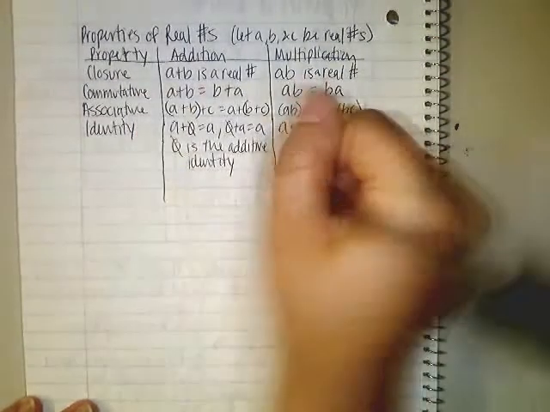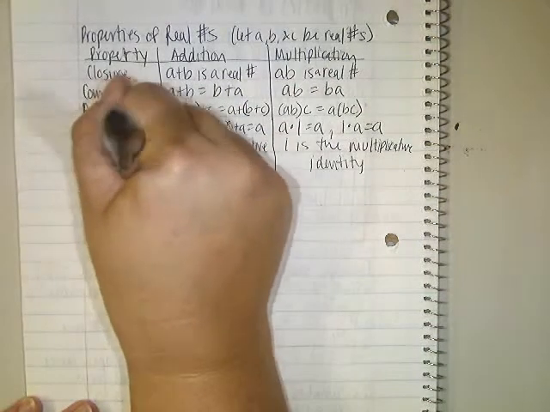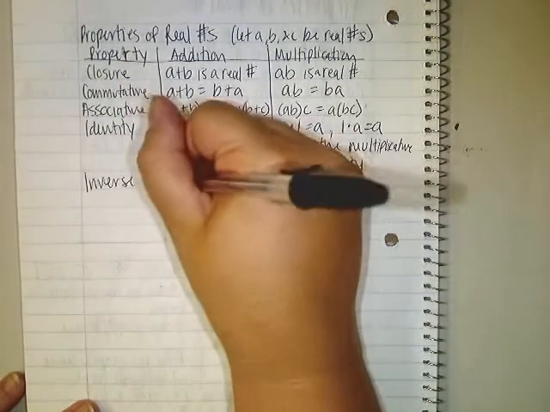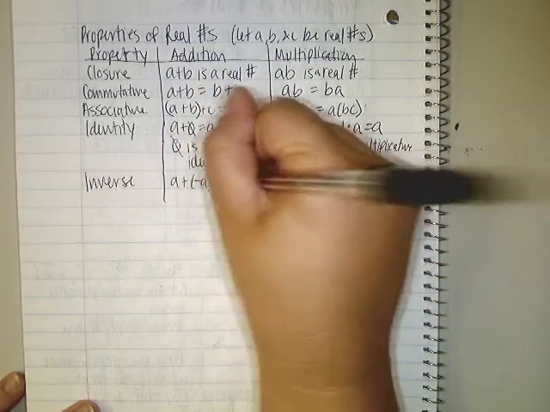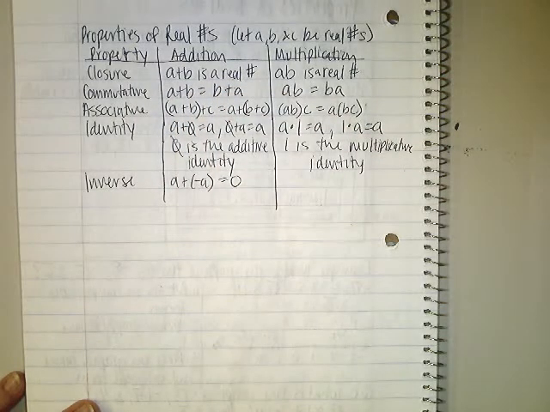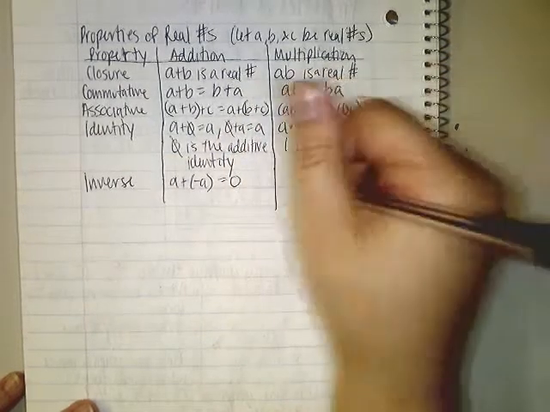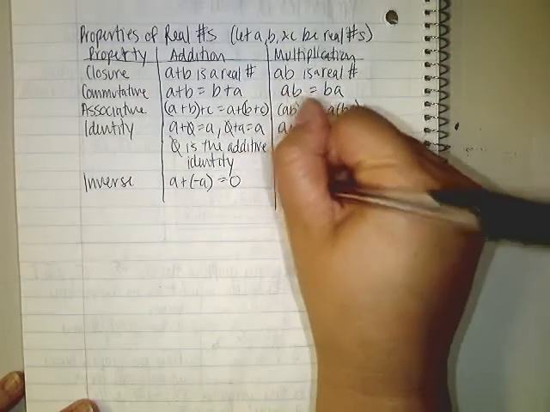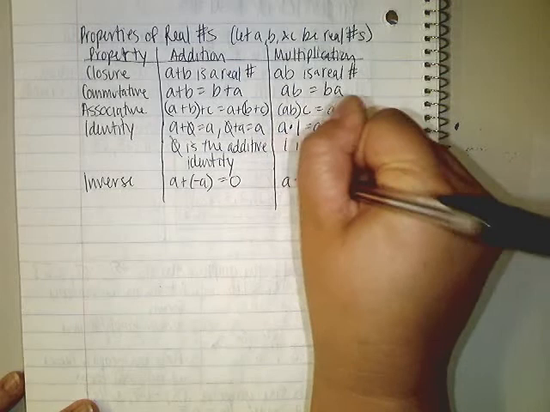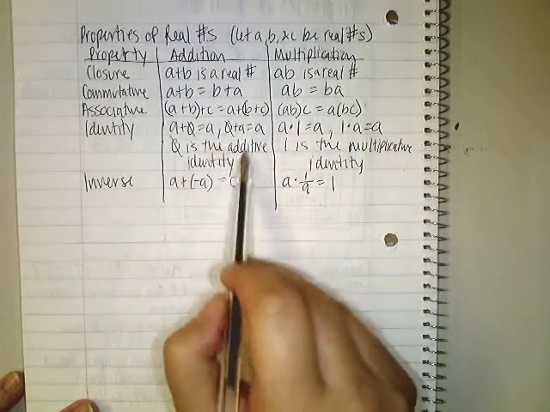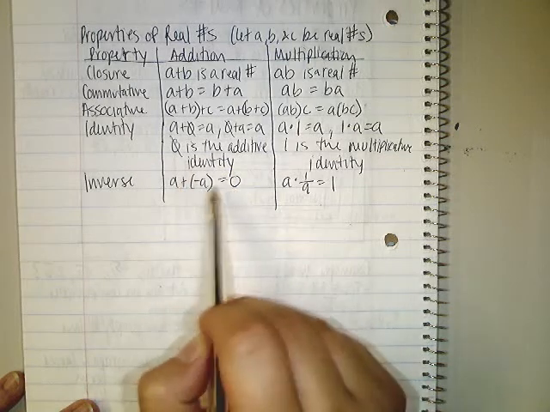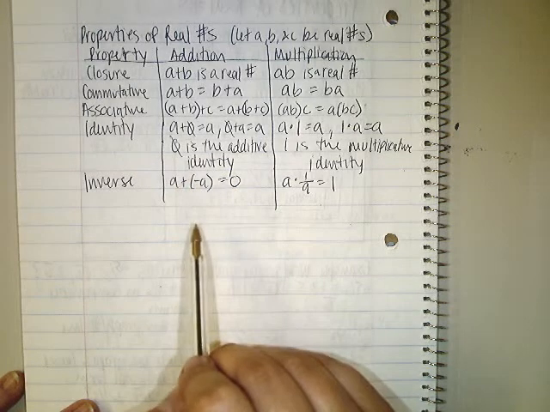So we have inverse. This just says that a plus negative a is equal to 0. Or similarly for multiplication, a times 1 over a is equal to 1. So again, to get to the additive identity of 0, you would just add the negative version of that number.